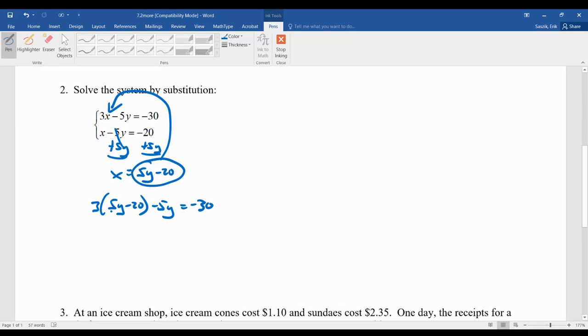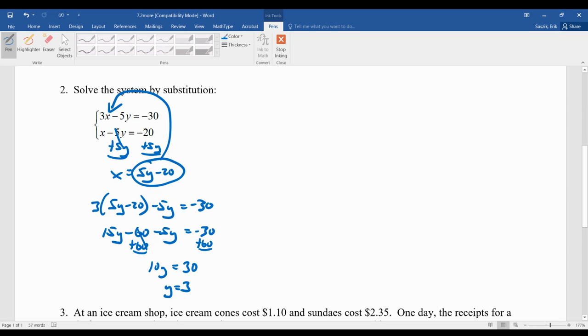And now we're just solving. You guys are good at distributing. 15y minus 60 minus 5y equals negative 30. I'm going to move the 60 over and combine like terms at the same time. I get 10y equals 30, so y equals 3.